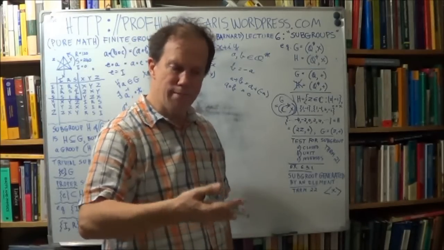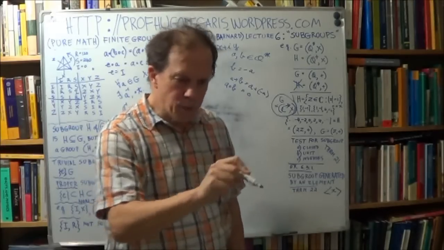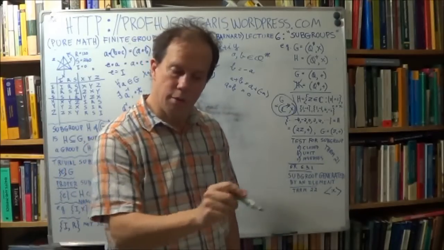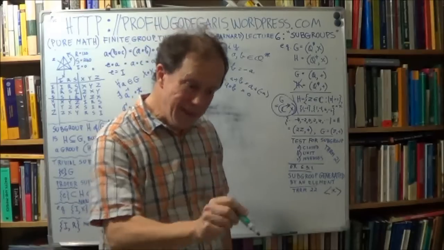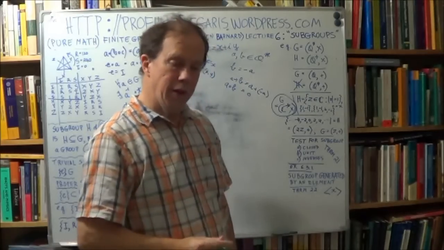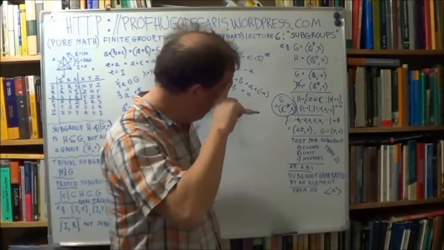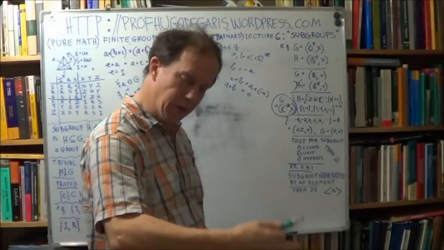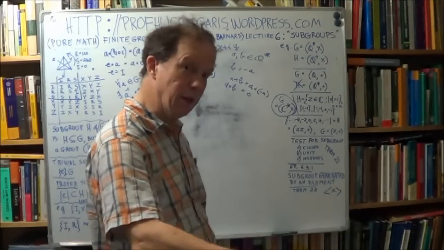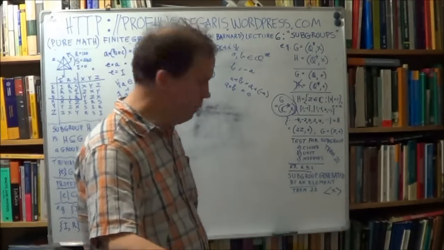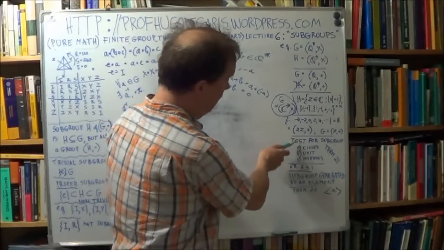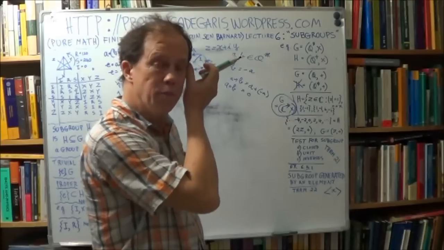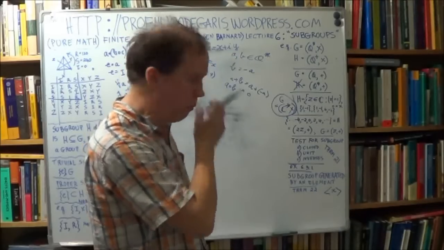So you need a step-by-step procedure to prove that your suspected subgroup is actually a subgroup. Now, how do you do that? We want a test for a subgroup. How do you prove that a particular subset is a subgroup?